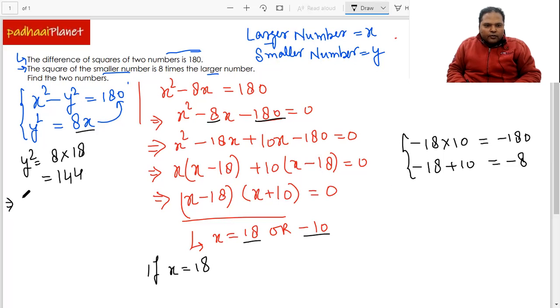So therefore y is equal to square root of 144, and that is 12. So if x is equal to 18, then y is equal to 12. So that is one solution.